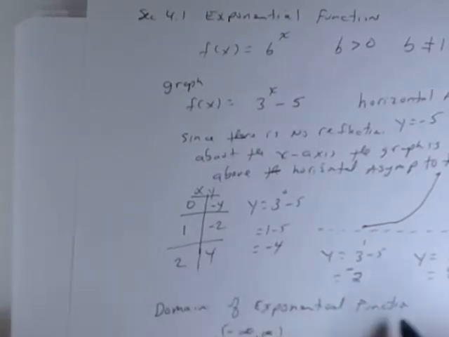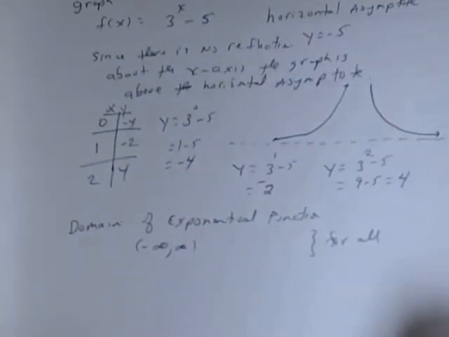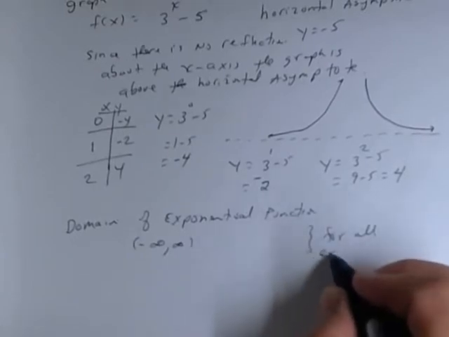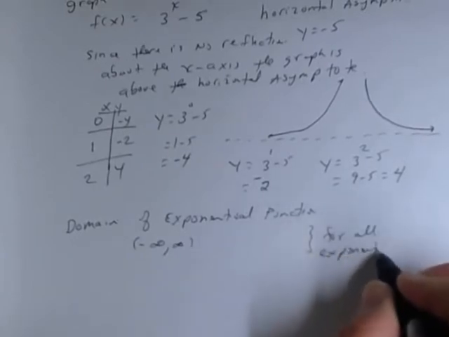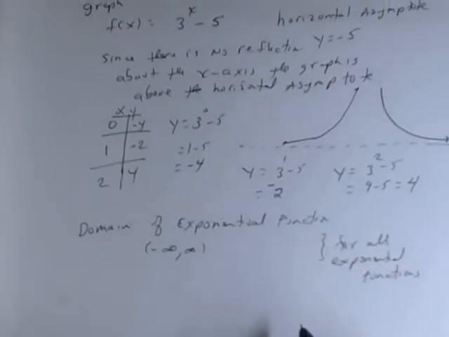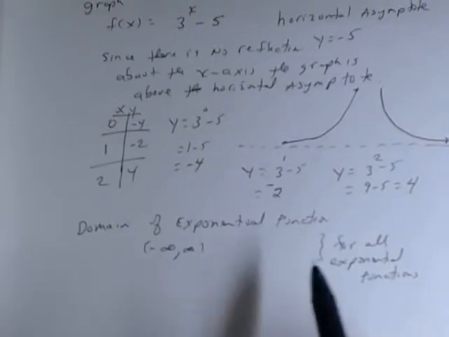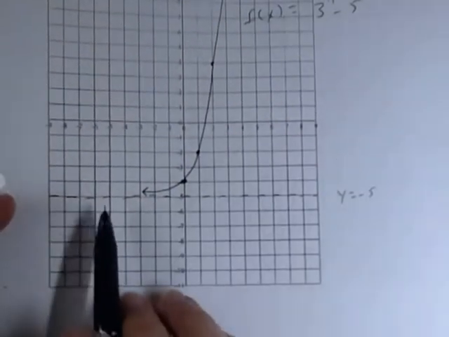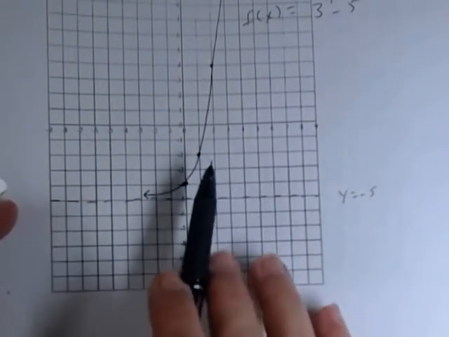And that's true for all of them, right? That's for all exponential functions. But the range is not true for all exponential functions. The range depends on the horizontal asymptote and whether the graph is above or below.